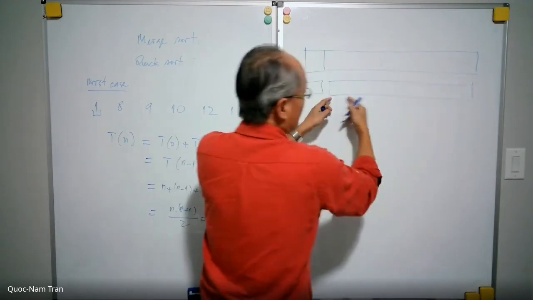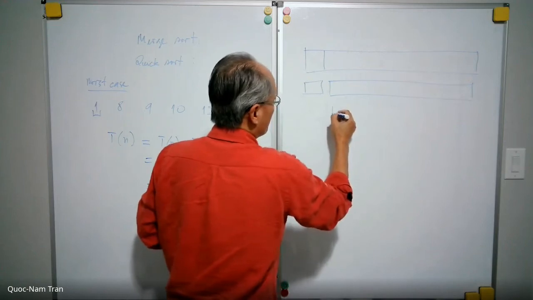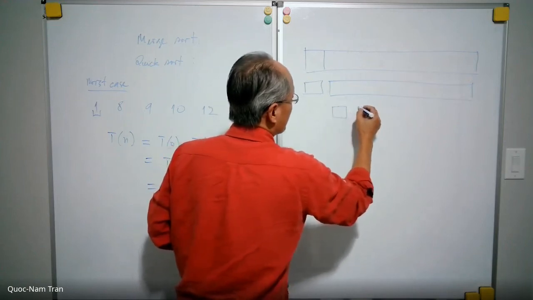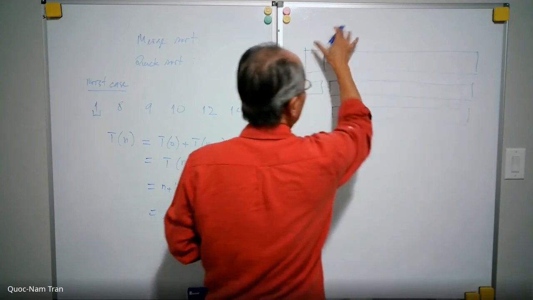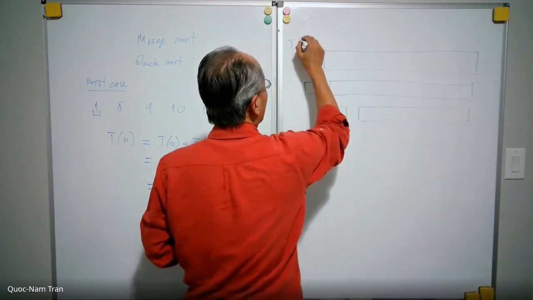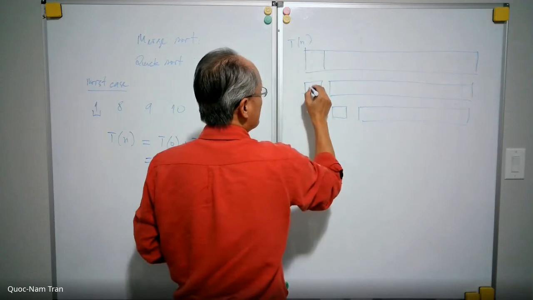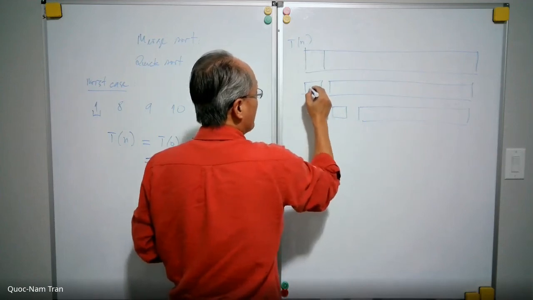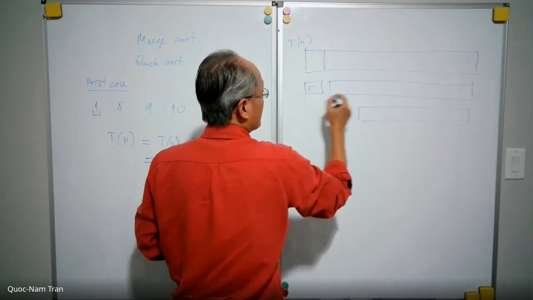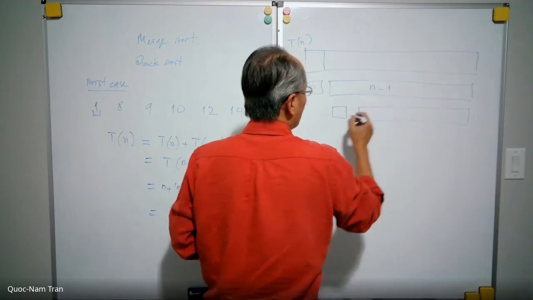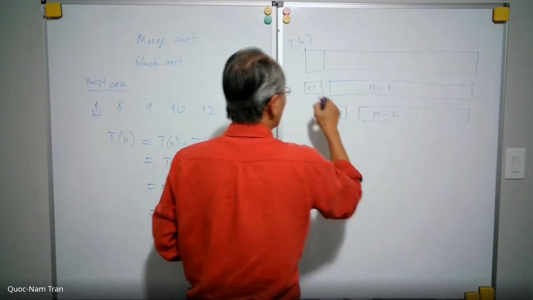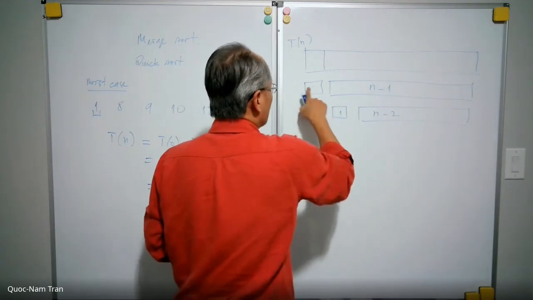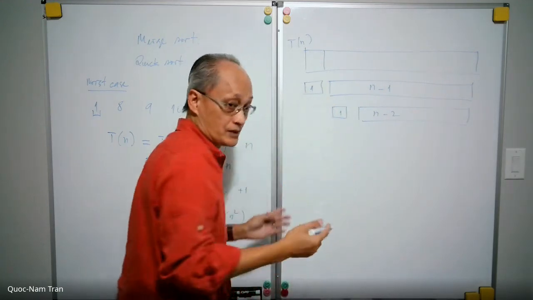And then again, this one will be broken into this and the rest. So here is Tn, and here is T0, or you have only one. Here you have n minus 1, and then here you have n minus 2, and one element of T0.